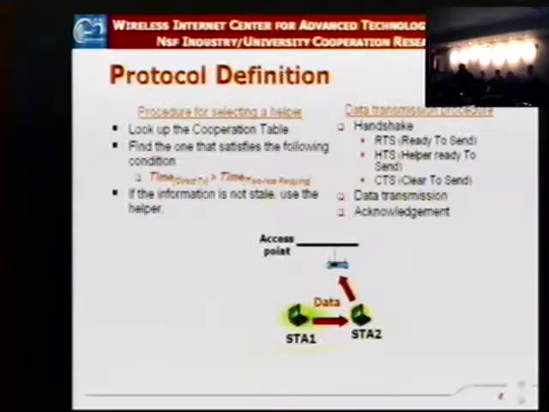The same happens with the control packets. The interframe period between them is SIFS. So after the reception of the data packet from station 2, the access point sends an acknowledgement to station 1, informing that the reception of the packet was successful.